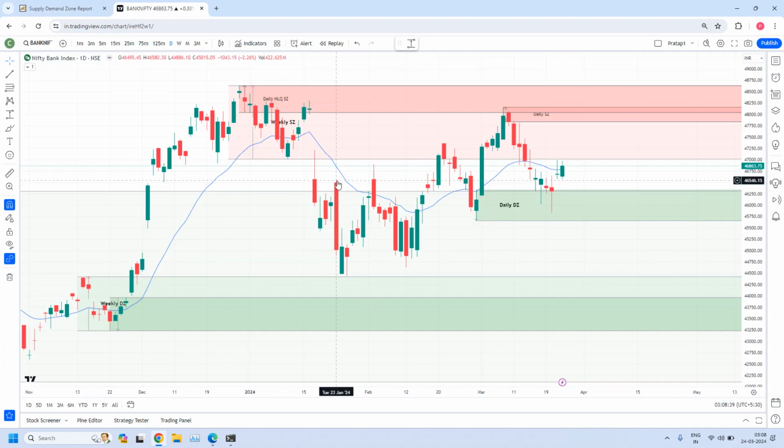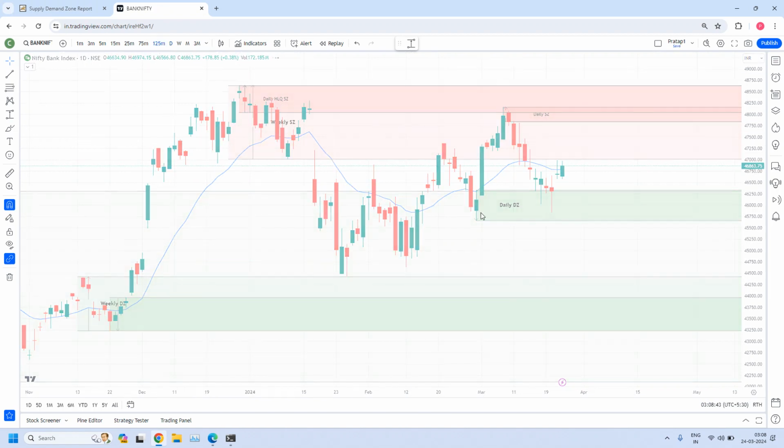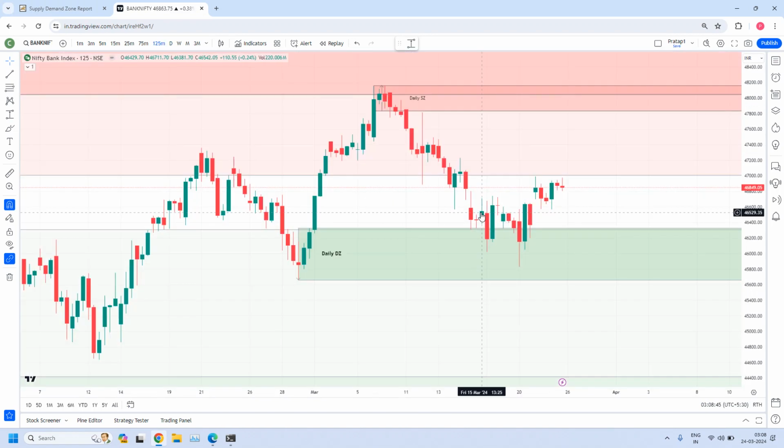Now let's move on to the next time frame, 125 minutes. Because some people suggested I skip directly to 75 minutes. We should not do that, because from 125 minutes onwards, high liquidity zones play the major role. Because we are doing this analysis not only to identify the zones, but also to identify the strong support and resistance levels based on our supply demand zones.